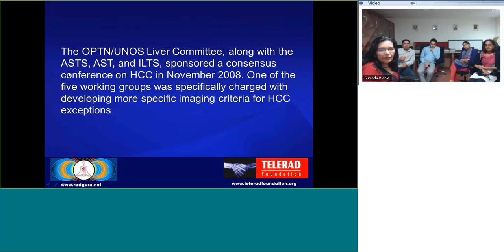And these are the various transplant societies. Knowing how important imaging is, they want to standardize how we image these patients and how we report them. So they sponsored a consensus conference on HCC in 2008, and one of the working groups specifically looked at developing more specific imaging criteria.